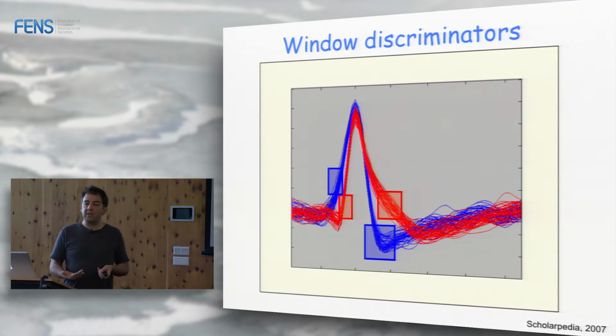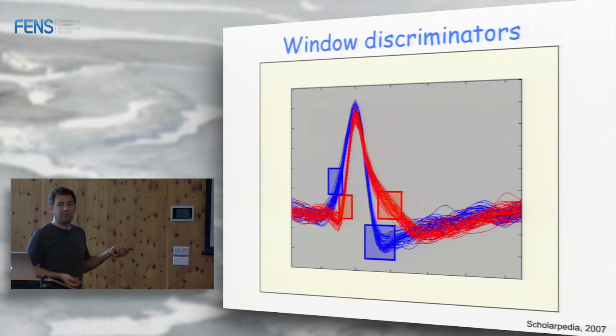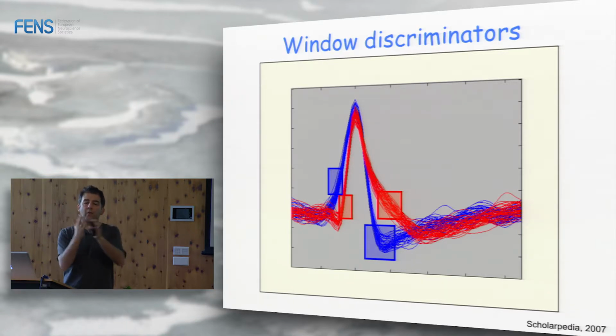The second problem is that this is a cartoon example. The spike shapes will never look so clean and so separated. Typically, they will be overlapping with each other, so it won't be that easy to separate them. How exactly do you draw your windows? You have to make a decision by eye, and that's very subjective and very prone to errors. This is the problem with many of the spike sorters that we have had until 10 years or so ago.